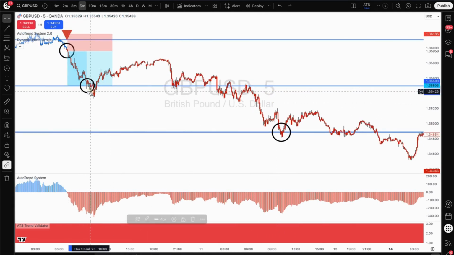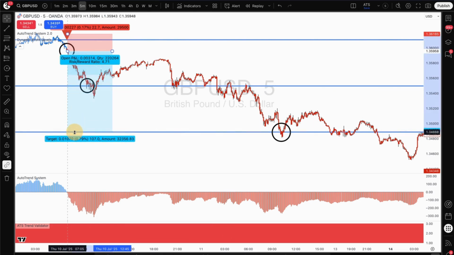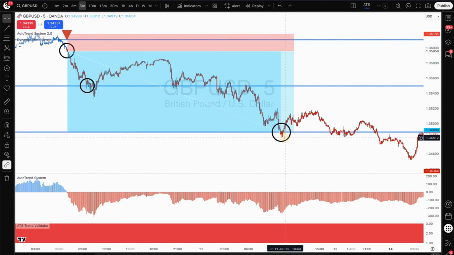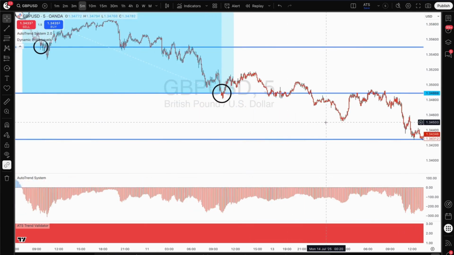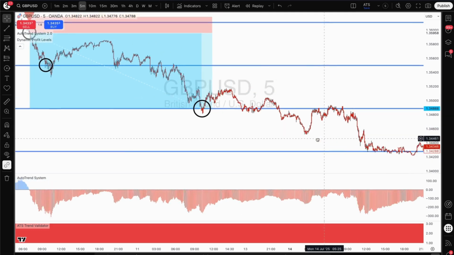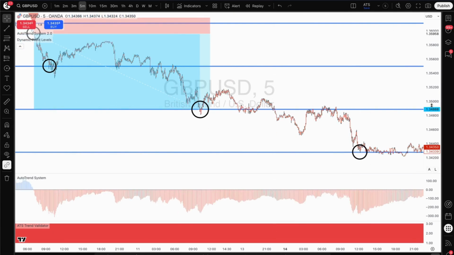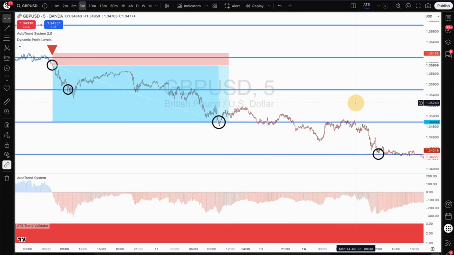So that was the first profit target filled here, and then the second one right over here. So exit a third of my position here, a third of my position here, and then the final third on this candle right here, the moment it touches it. And by that point, the trade was over.